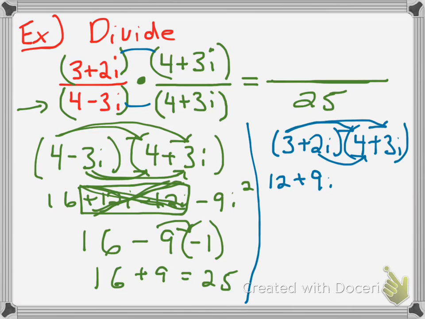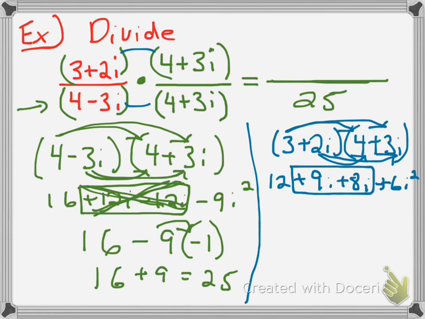Multiply the middle part together: 2i times 4 is 8i. And then last, positive 2i times positive 3i is 6i squared.